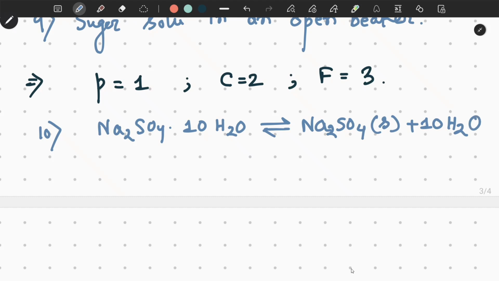The crystal is in solid form. This is crystalline water.